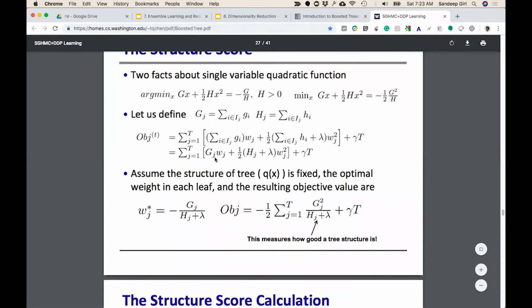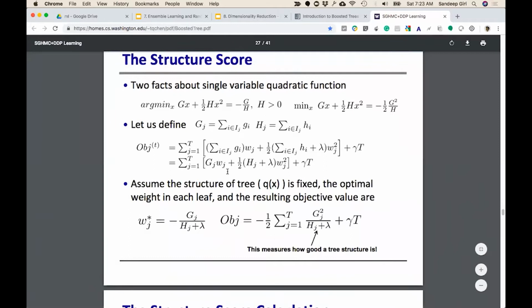So here, in case we want to minimize this loss function, the minimum value of this is going to be half of g squared by h, half of g squared by h, and which is basically what?